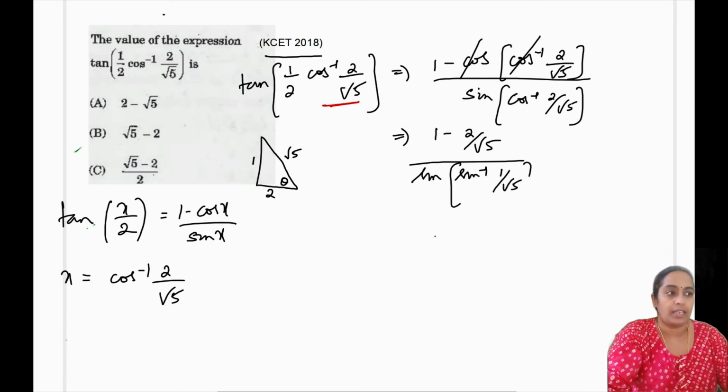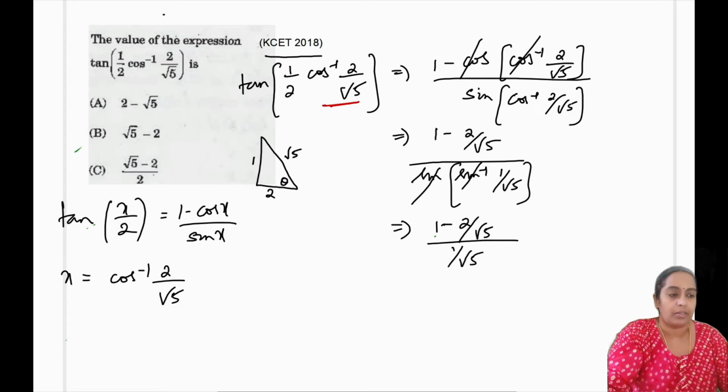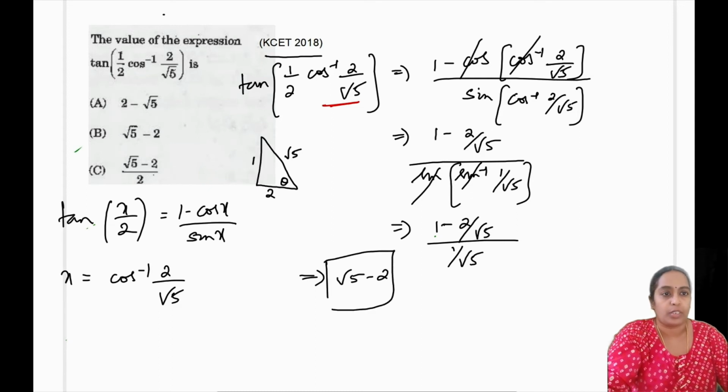So now sin and sin inverse get cancelled. So we have 1 minus 2 by root 5 divided by 1 by root 5. When we take LCM here, we have root 5 minus 2, and this root 5 gets cancelled in the numerator and the denominator. So the final answer is root 5 minus 2, which is option B, the correct answer.